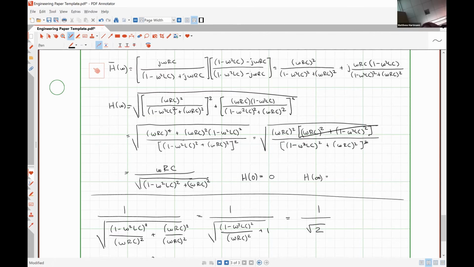So infinity over infinity squared, which is 1 over infinity, which is also 0. So if we have 0 at very low frequencies and 0 at very high frequencies, what type of filter is this? Bandpass. Exactly right. So this is a band pass filter.